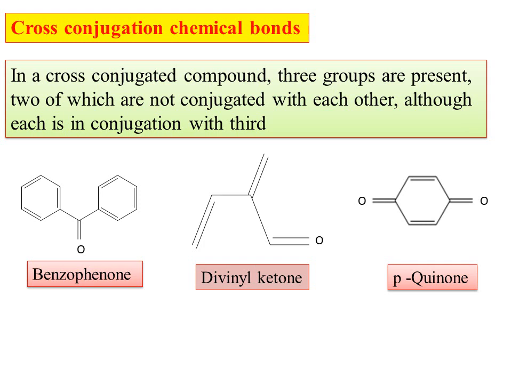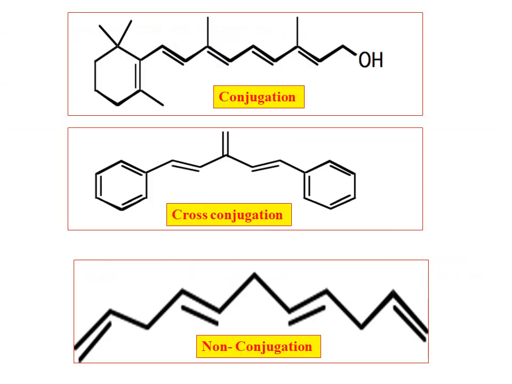In a cross conjugated compound, three groups are present, two of which are not conjugated with each other, although each is in conjugation with the third one. First and second, and second and third are in conjugation, but first and third are not. Such type of bonds we are going to call cross conjugated bonds.